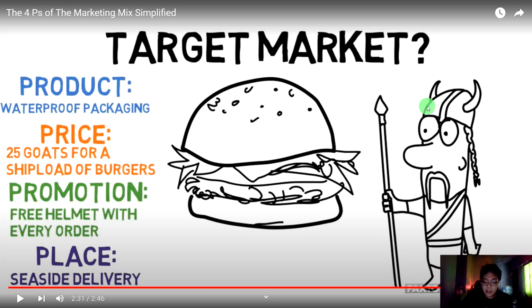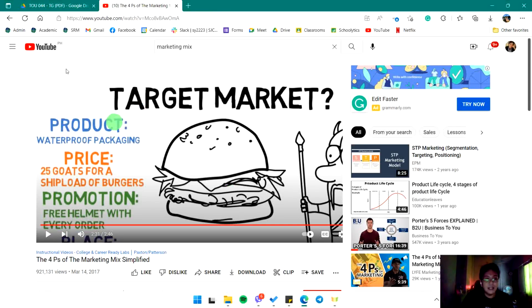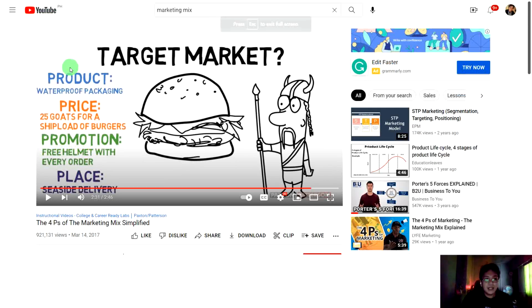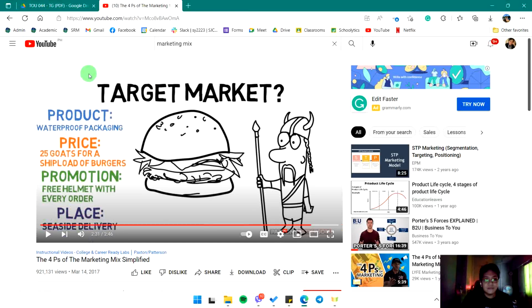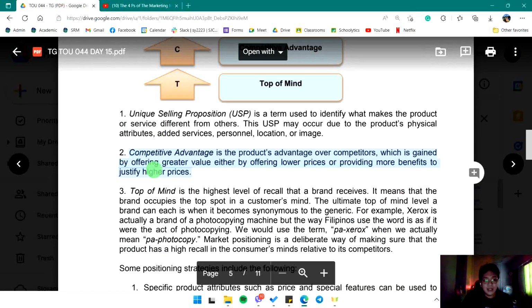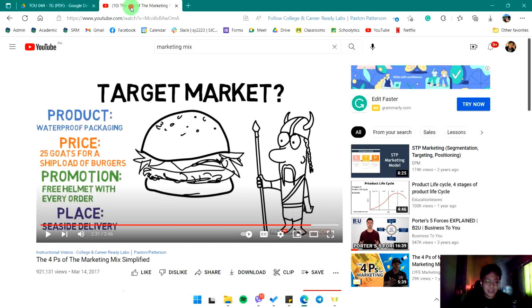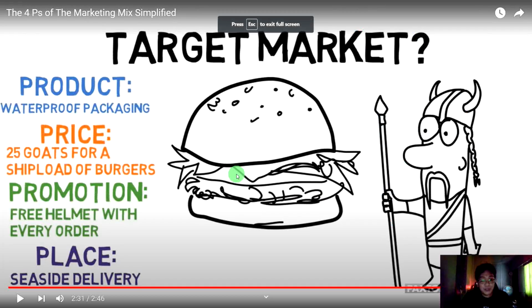There will be people who will avail your products in discounted prices, etc. Promotion, again, free helmet with every order. Ibig sabihin nito, ginamit din niya itong comparative advantage strategy para sa maayos na positioning sa market, and then place is seaside delivery.